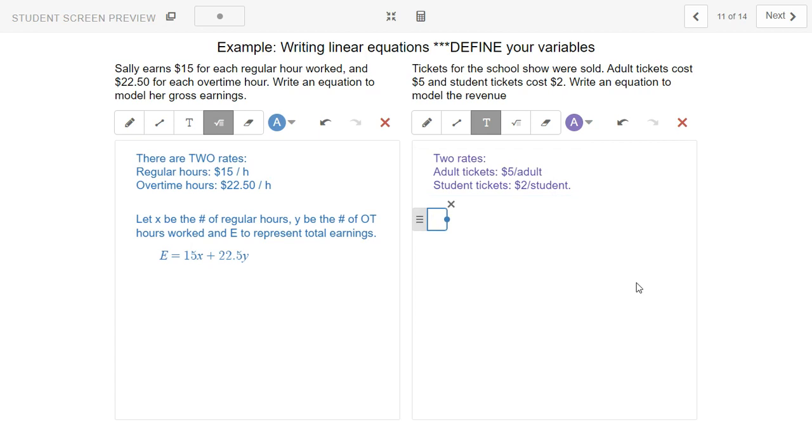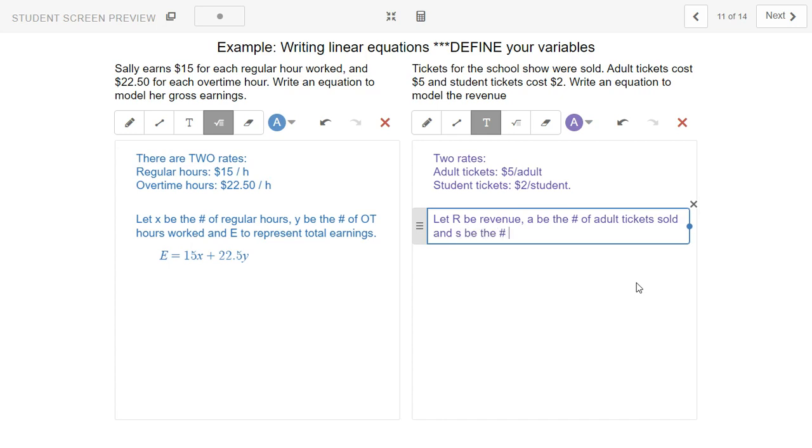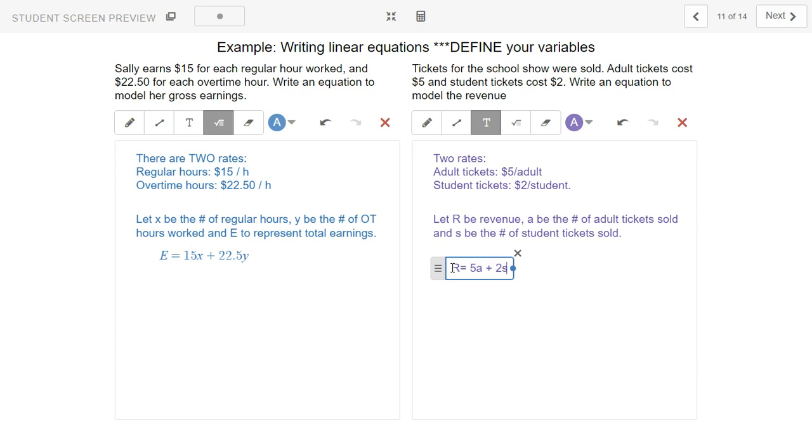So in my let statement, let R be revenue, but we also need to say let A be the number of adult tickets sold and S be the number of student tickets sold. So our revenue now is 5A plus 2S.